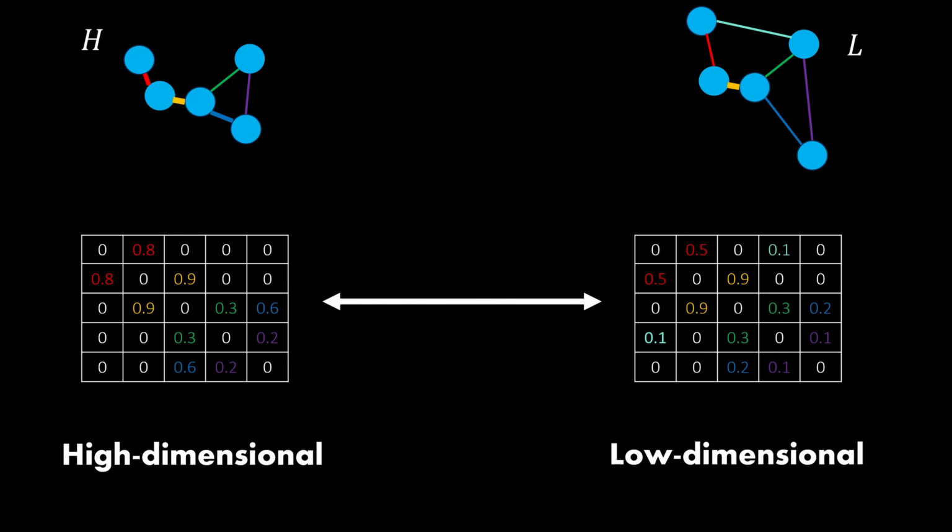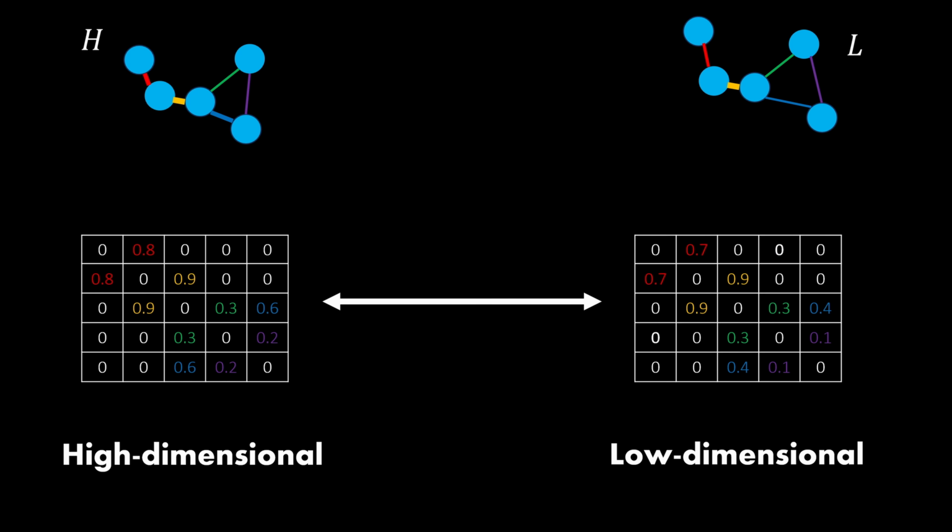I highlighted the edges in different colors to show that the graphs can have a different number of edges, and therefore it doesn't suffice to only compare the existing ones but also the non-existing edges. In other words, the adjacency matrix will consider everything at the same time and therefore is the only reasonable choice here. By moving the lower dimensional adjacency matrix closer to the high dimensional one, we end up with a graph that approximates the original graph H.